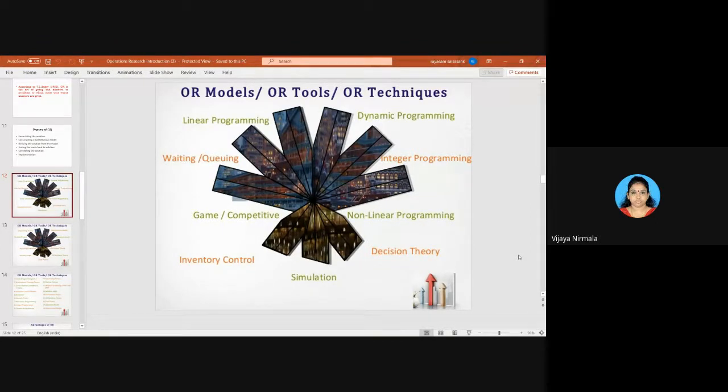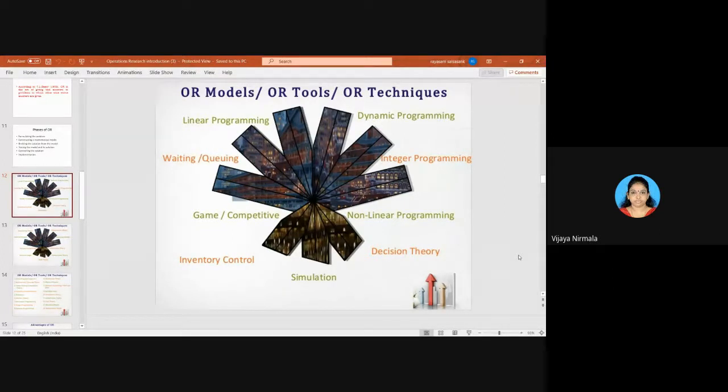One is linear programming, the next one is queuing theory, and game theory.